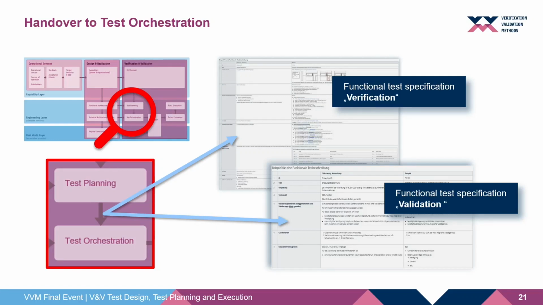And we have 2 main branches of output into there. The first one is the functional test specification related to verification, and the other one is the functional test specification for validation.